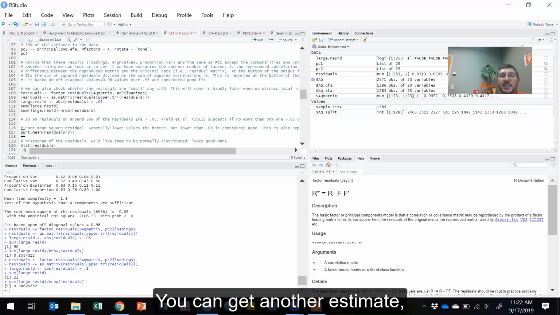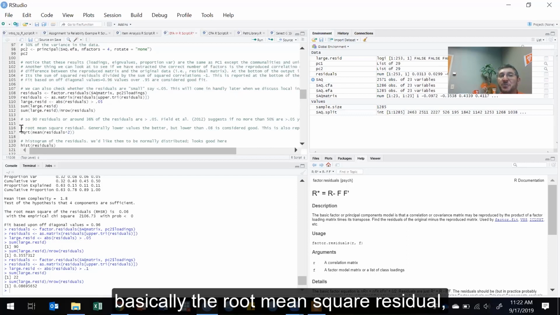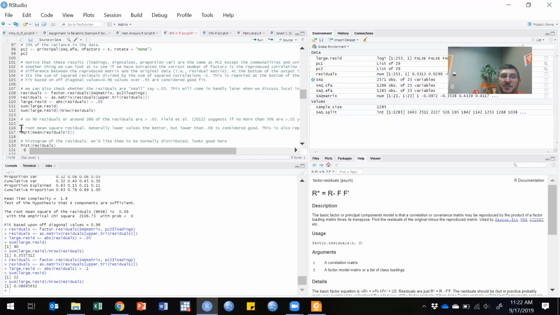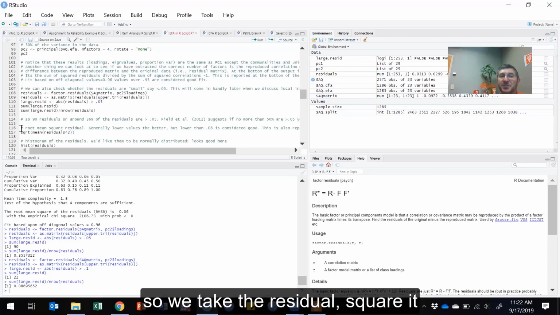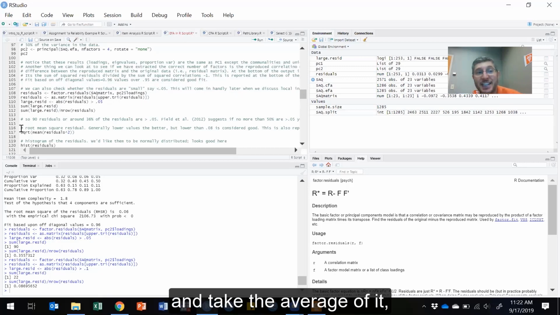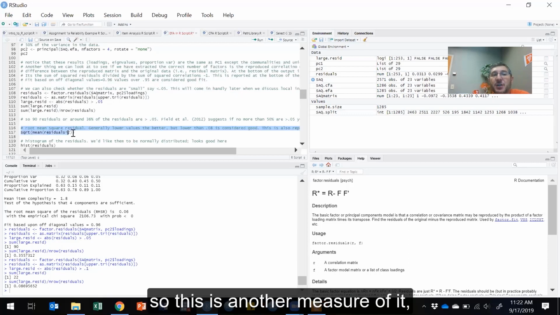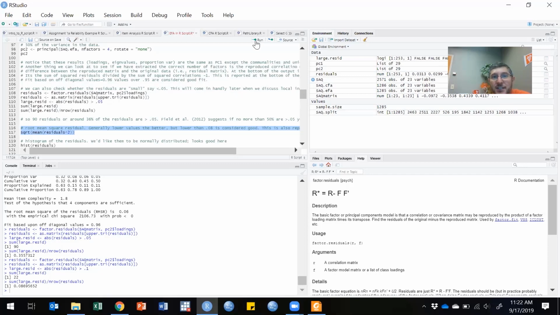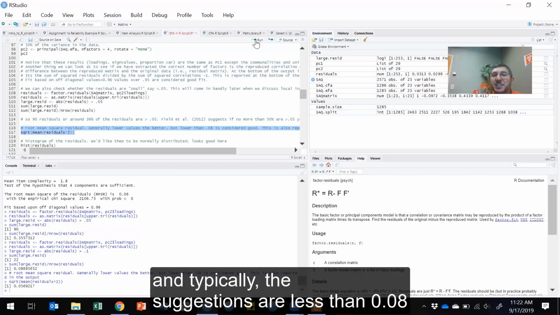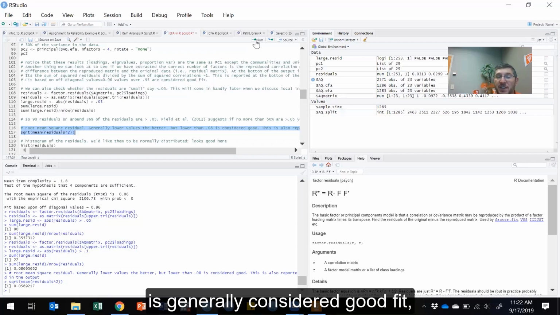You can get another estimate of it, basically the root mean square residual. So we take the residual, square it, and take the average of it. So this is another measure of fit. And typically the suggestions are less than 0.08 is generally considered good fit.